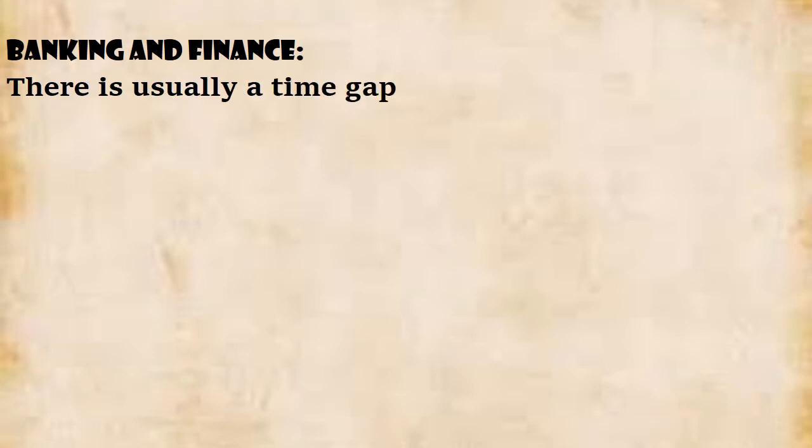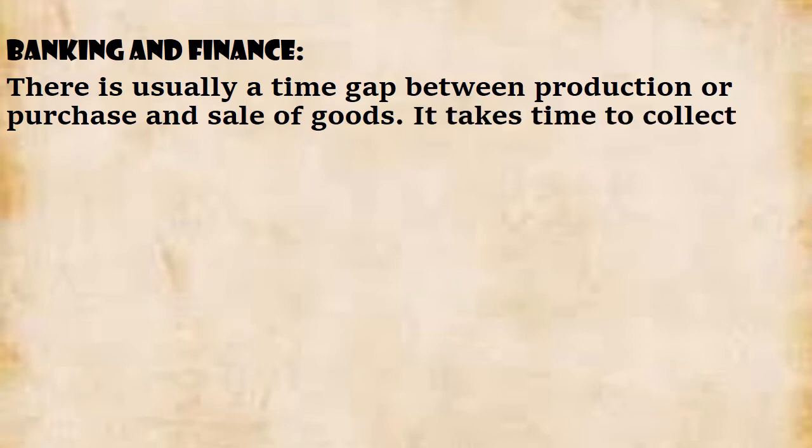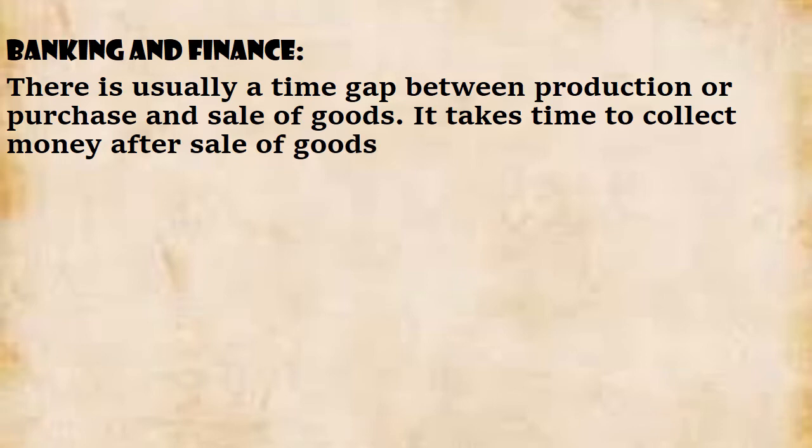Next we have banking and finance. There is usually a time gap between production or purchase and sale of goods. It takes time to collect money after sale of goods on credit. So between the production and sale of goods, or when you purchase goods for selling, there is a time gap. You don't sell all the goods that you have purchased, right?